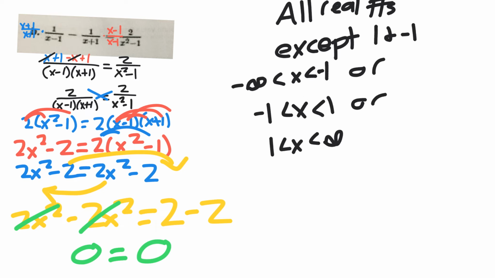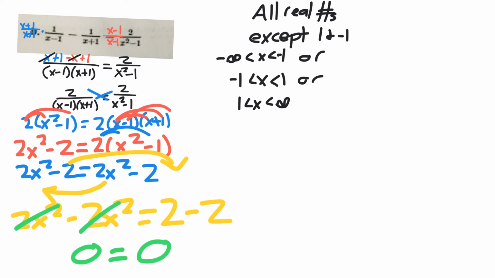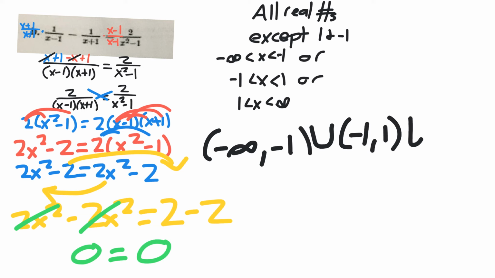So another way to write this is from negative infinity to negative 1, from negative 1 to 1, and from 1 to infinity. But you have to put unions. I forgot that. So it would be negative infinity to negative 1, union, negative 1 to 1, union, 1 to infinity.